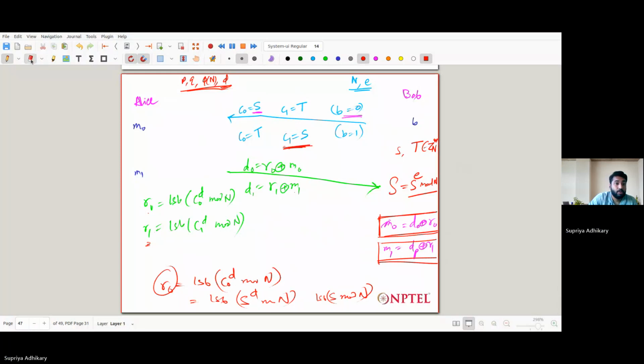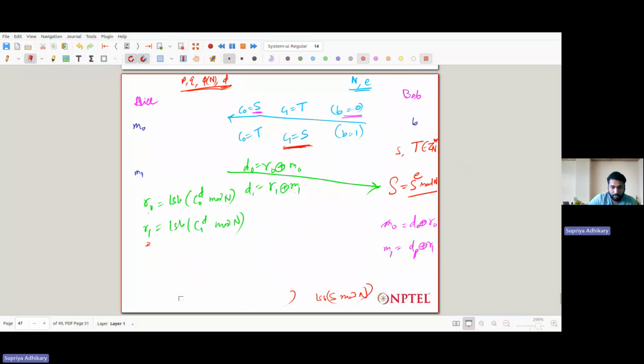One very important thing to remember is that the assumption is that we are considering adversaries that are not malicious. If Bob was malicious over here, then Bob could just sample s and t from Zn star, and then compute the corresponding S and T, which is nothing but s to the e and t to the e.